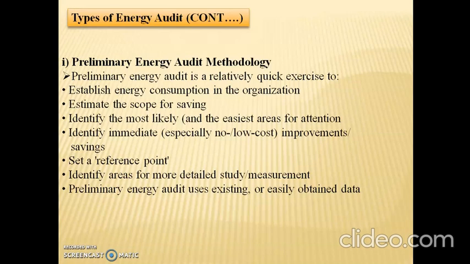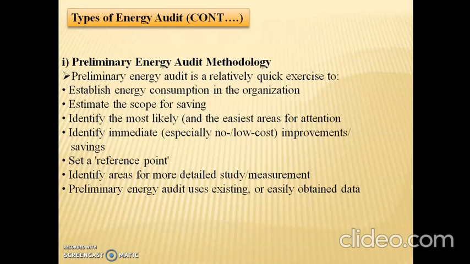Then identify the most likely and the easiest areas for attention. When they have a walkthrough in that industry, they can identify some areas where energy is likely to be saved. Identify the immediate no or low cost improvement savings.